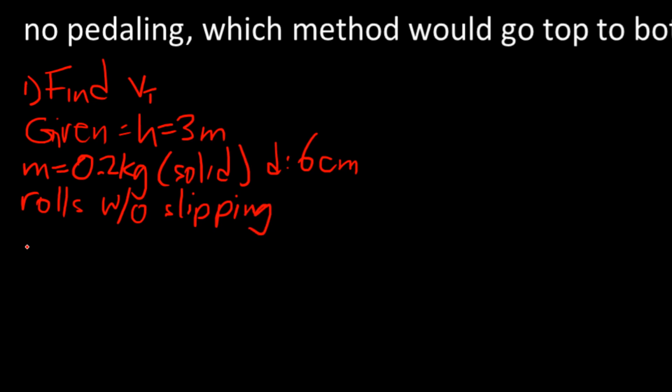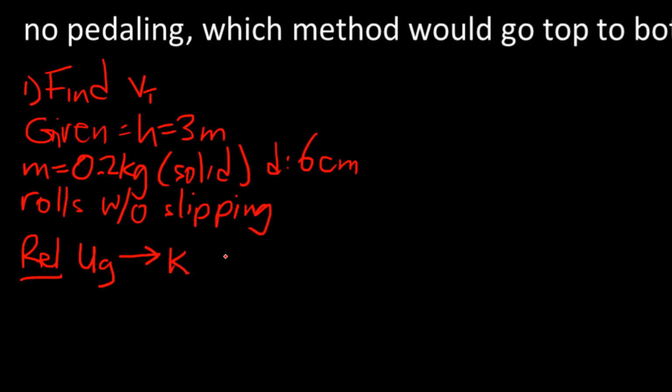Okay, let's take a look at our relationships. We have several here. I'm trying to find the velocity at the bottom of the hill. What other things do I know? I've got some gravitational potential energy at the top of the hill that, if I roll down, is going to become kinetic energy. So that's one idea.